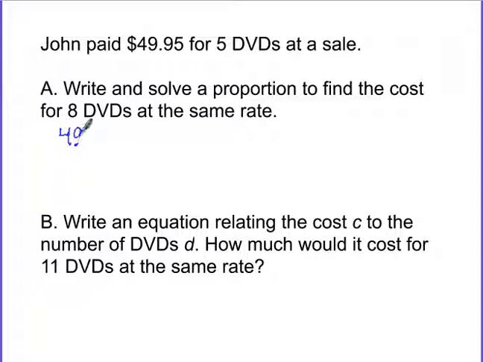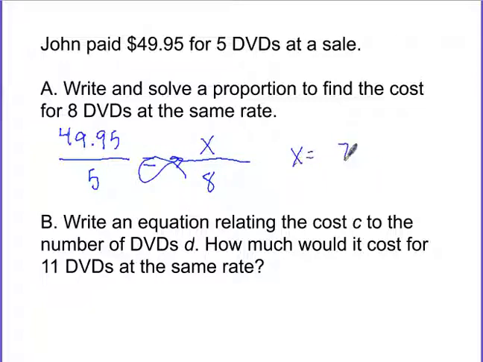Money goes on top: $49.95 over 5, and set it as a proportion. And what goes on my next part here? 8 goes on bottom, and we're looking for the price up here on top. 79 and 92 cents. So x equals 79.92.